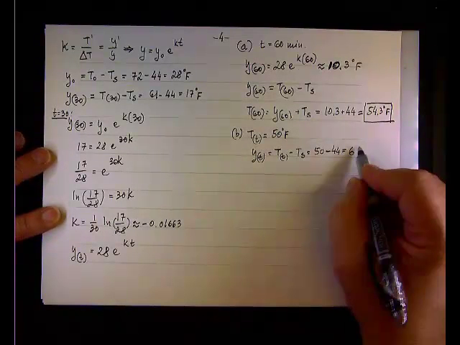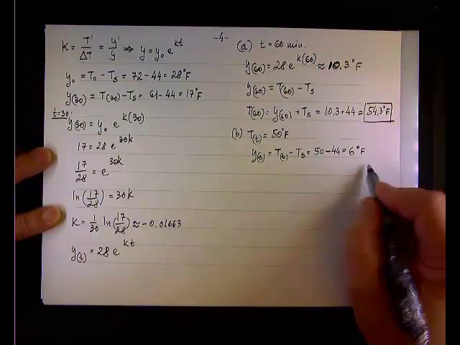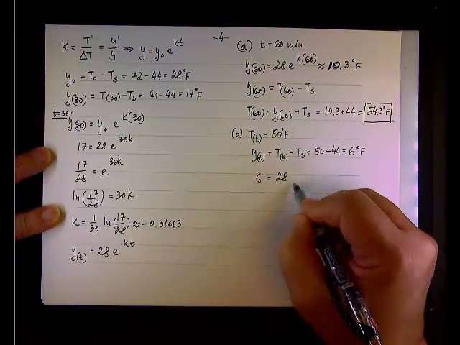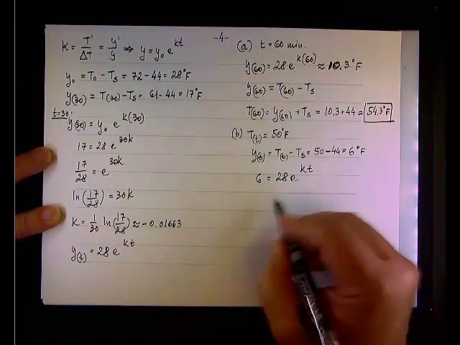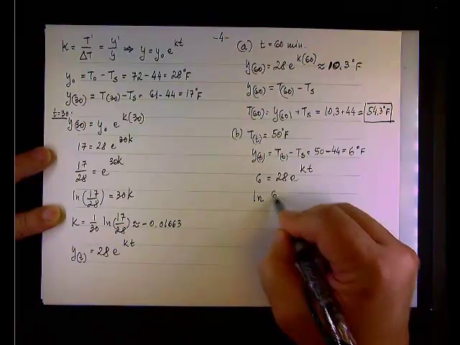You always have to play between T and y. So we're looking at y equals 6 degrees Fahrenheit, and we set up the equation 6 equals 28 times e to the power of kt, where k is known. And now we'll divide by 28 and apply the natural log.